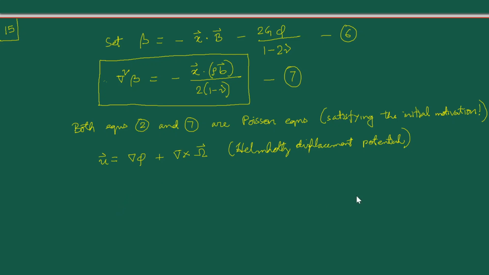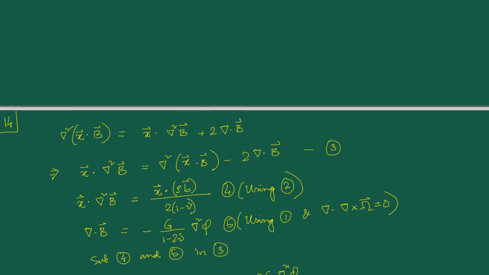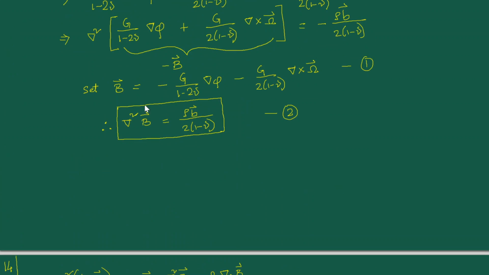All right, so if we go back to what I think was our equation number 1, this is our b vector.